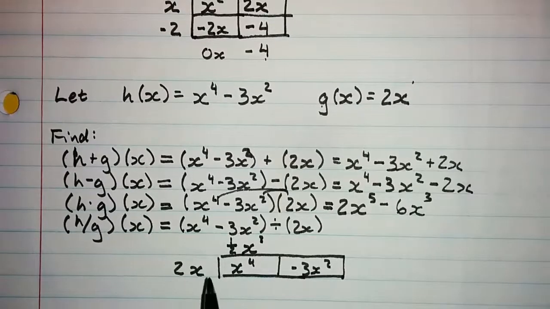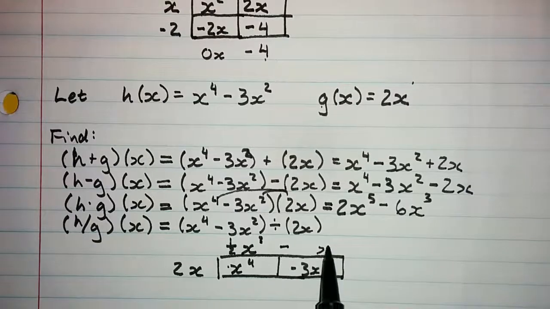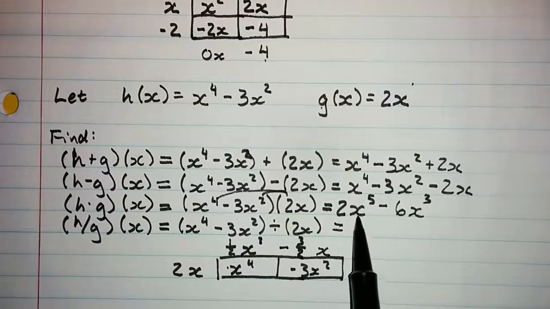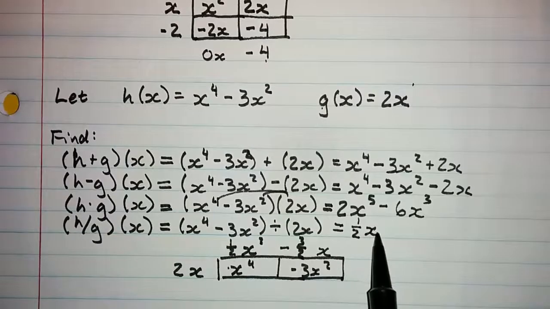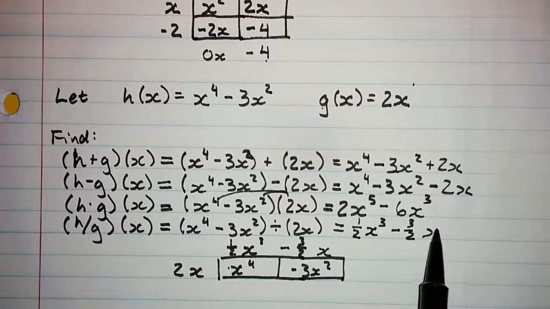I'll also need a 1/2, right? 1/2 times 2 is 1. Here I'll need an x. What times 2 is negative 3? Negative 3/2 times 2 is negative 3. So this is 1/2 x cubed minus 3/2 x.